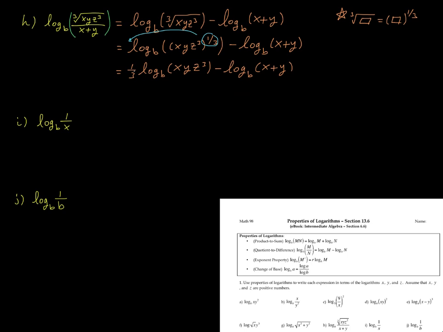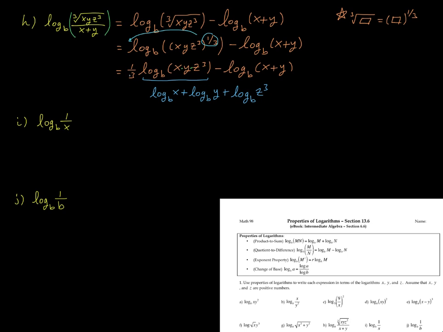Okay, what can I do next? Well, for this first logarithm here, I do have a product. In fact, I have 3 factors. I have x times y times z cubed. So this thing right here, I can actually break up as follows. This is going to be log base b of x plus log base b of y plus log base b of z cubed.